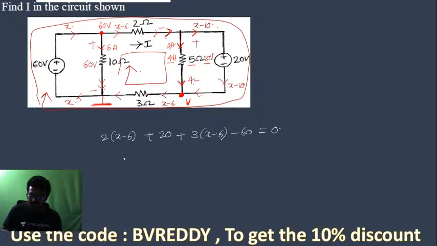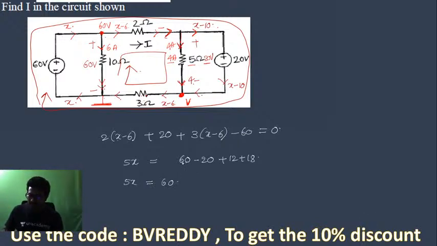From this we'll get the X value. 2x plus 3x, that is 5x, which is equal to 60 minus 20 plus 12 plus 18. Check it now here.